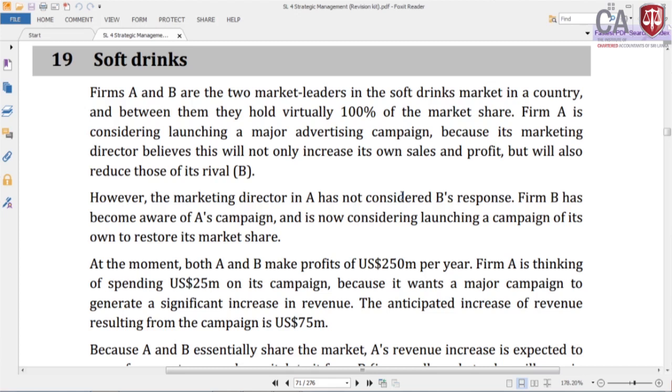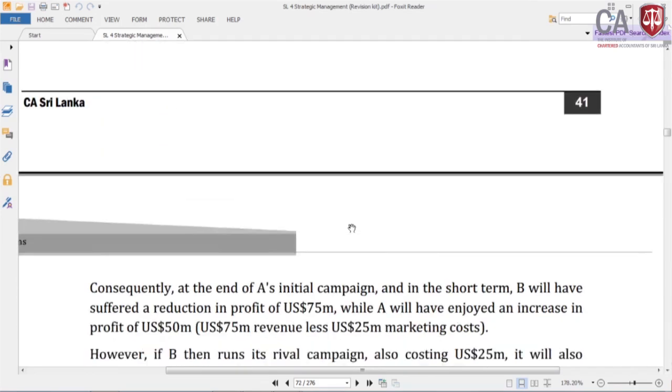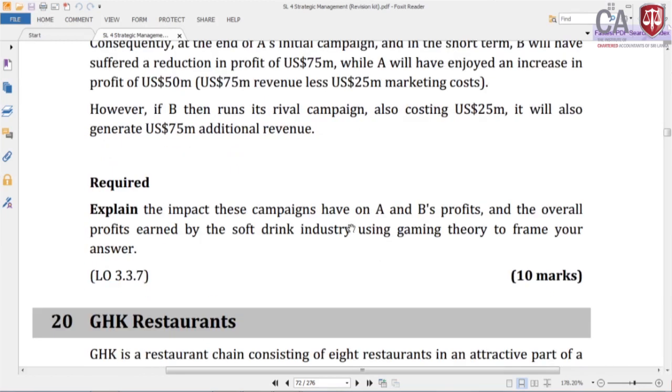Question number 19, soft drink. So, first of all, we look at the requirement here.